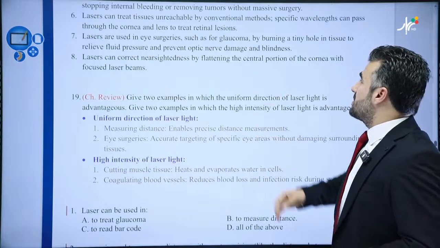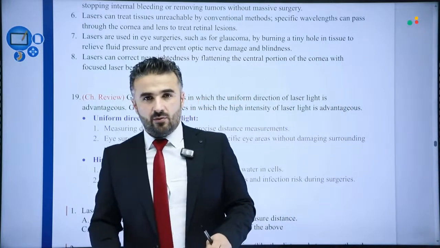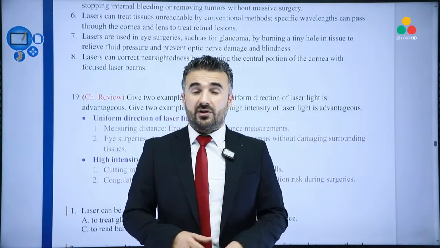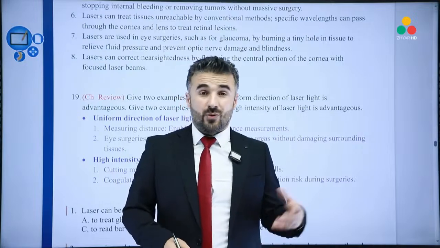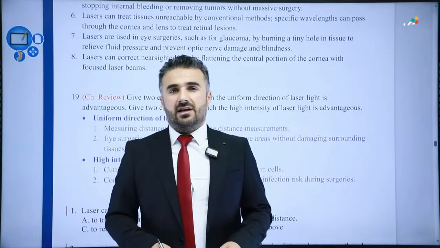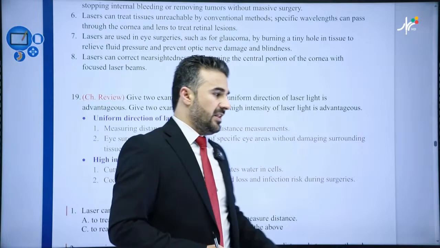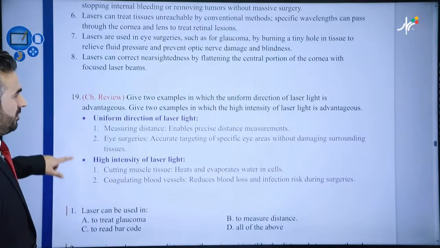They flatten the central portion of the cornea so that the light converges at the point or position where it's supposed to be. This is how they can use laser to correct eyesight. I think that's what it's called.